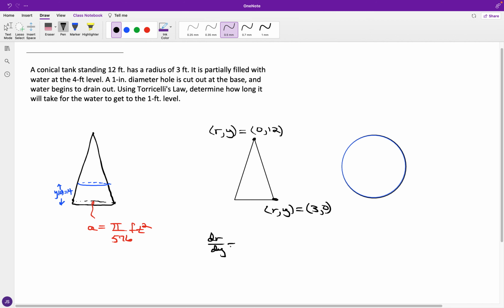So we could say that we have dr over dy, r sub 2 minus r sub 1 over y sub 2 minus y sub 1.